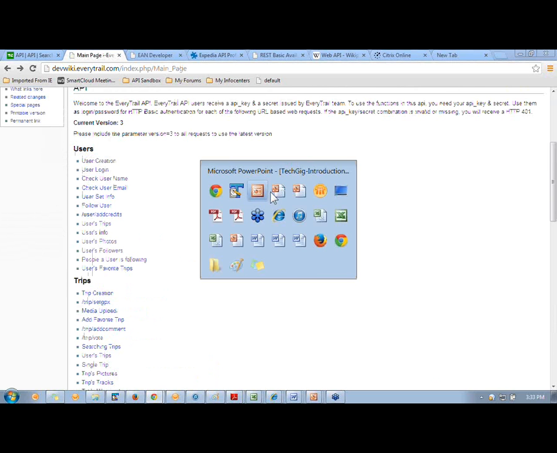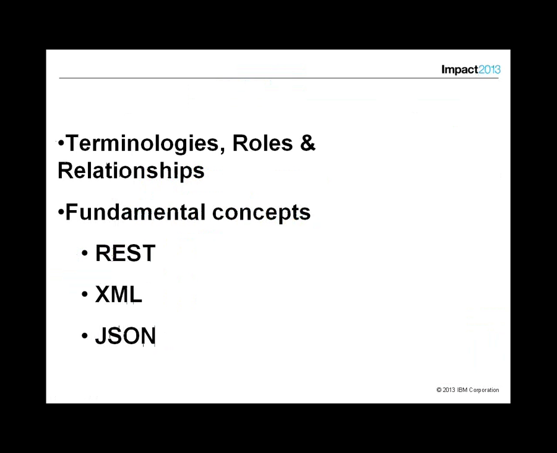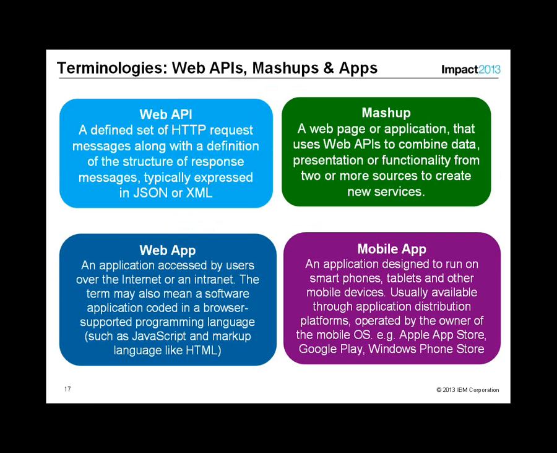What I now wanted to do was run you through the terminologies, the roles and the relationships. To begin with, what I wanted to give is a definition, because we're all technical: what is a web API, what is a mashup, what is a web app, what is a mobile app, right? A web API is defined as a set of HTTP request messages along with the definition of the structure of the response messages, right?